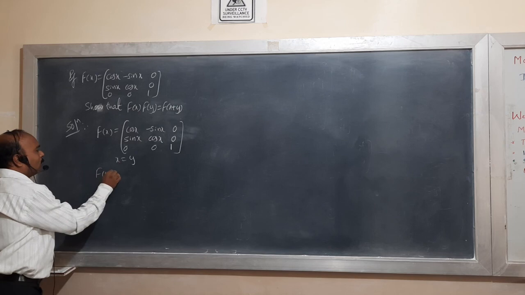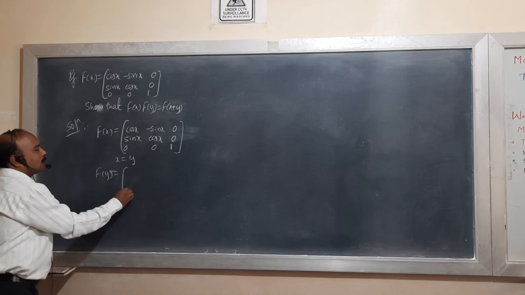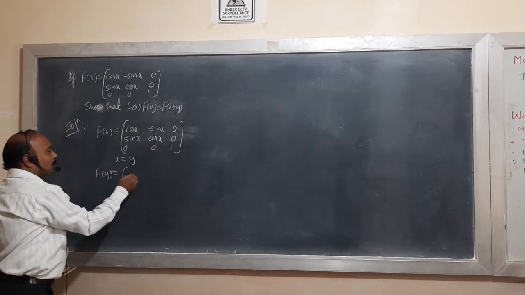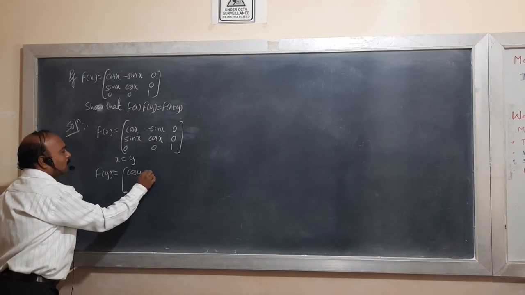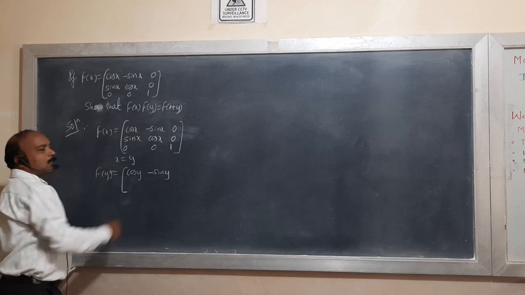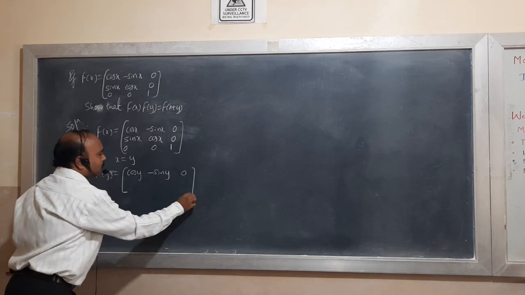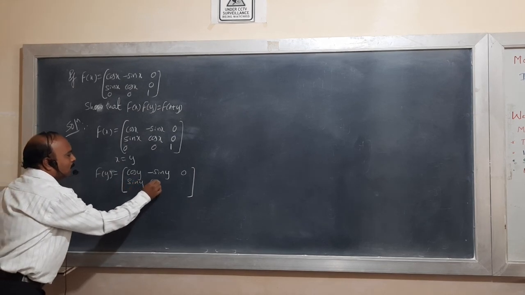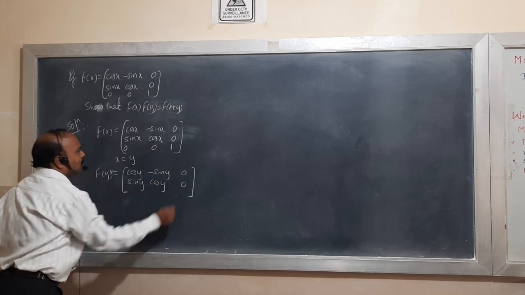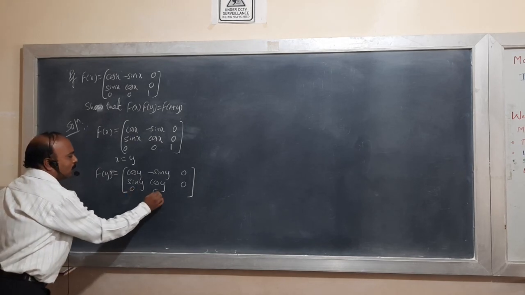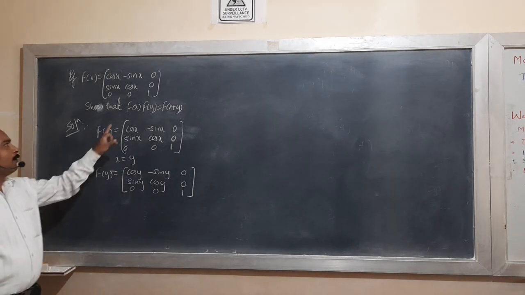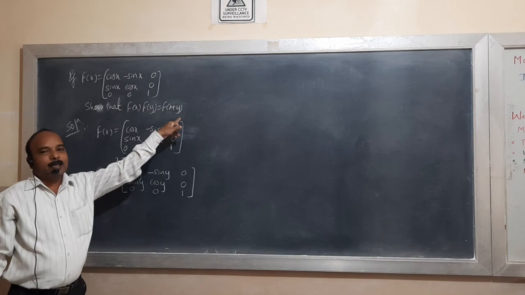F of y means you put x equal to y in the above, and you get f of y directly. Wherever x is there, you replace it by y. Here cos x changes to cos y, minus sin y, 0. Second row is sin y, cos y, 0. Third row 0, 0, 1. It is the f of y value. Then we have to prove f of x into f of y is f of x plus y.